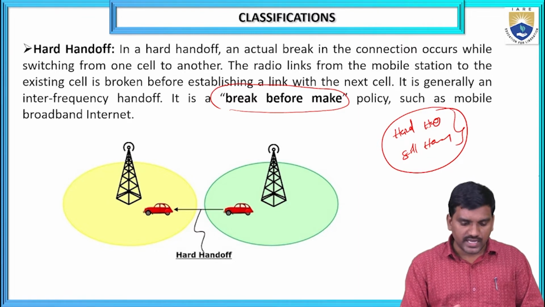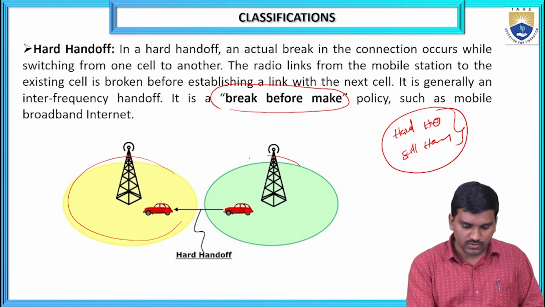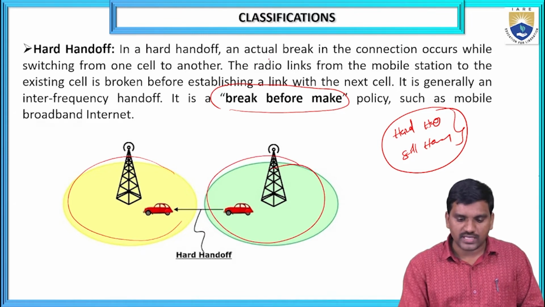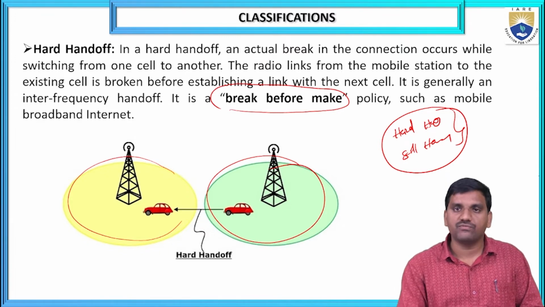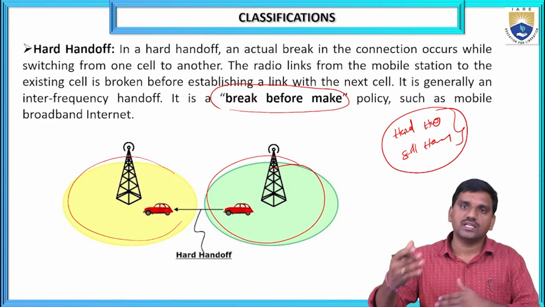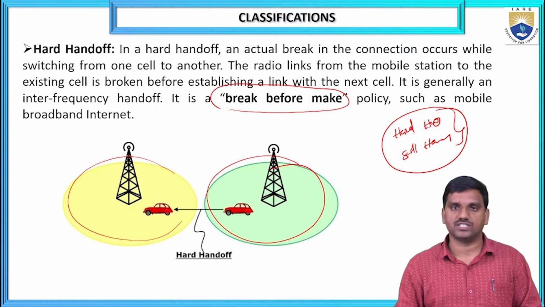If you see the diagram here, this is one cell, this is the other cell. A hard handoff is actually a break in the connection: break before make. First the signal will break, then only the connection will be made from the second base station.